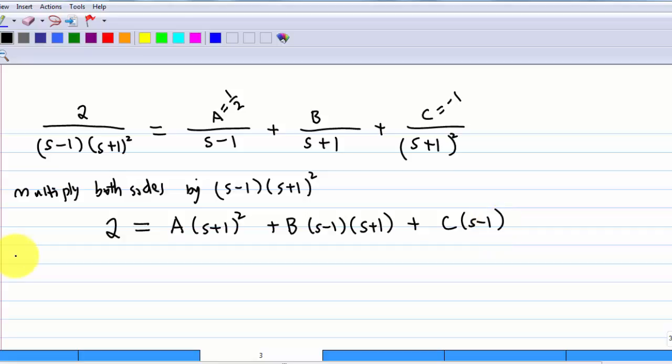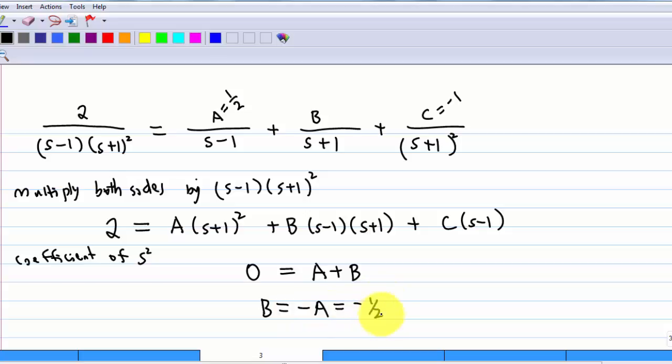Let's compare the coefficient of s squared. The left hand side is 2, there is no s squared, so 0 s squared on the left hand side. On the right hand side, there will be A times (s plus 1) squared. When you expand out, you get A times s squared. And B times (s minus 1)(s plus 1), you're going to get B times s squared. And this is the s squared you can get on the right hand side. That means that B is equal to minus A, which is negative half.